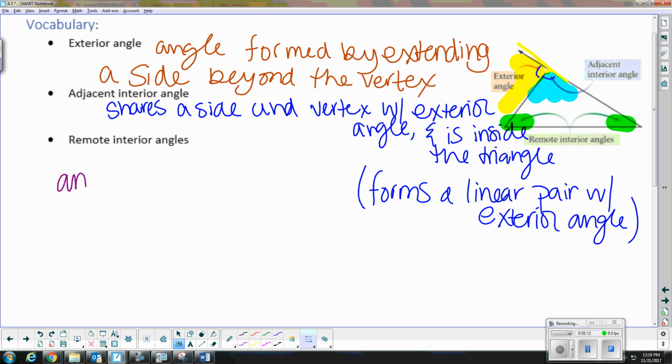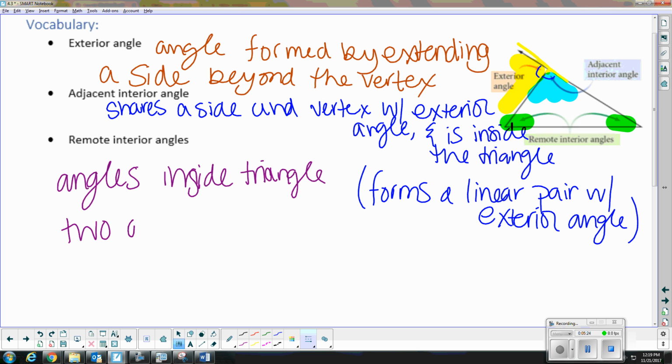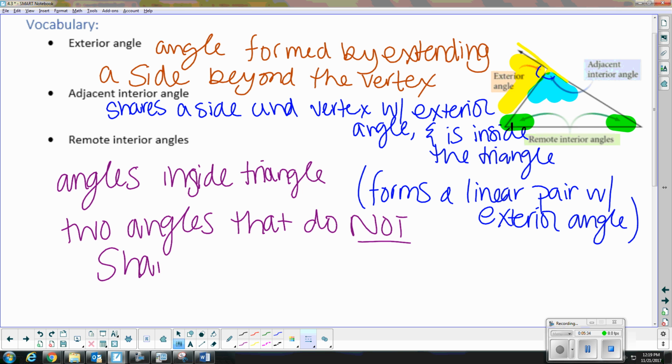So angles inside the triangle, and they are the two angles that do not share a side with the exterior angle.